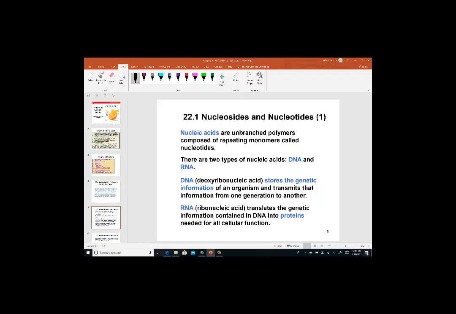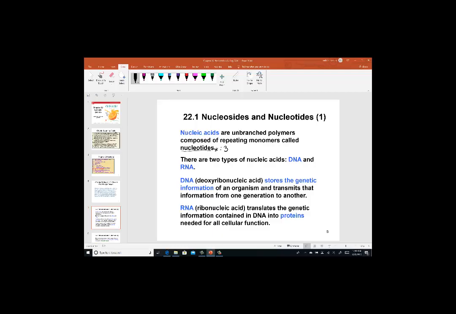Let's begin. We know that nucleic acids are unbranched polymers composed of repeating monomers called nucleotides. There are 2 types of nucleotides. We're looking at DNA and RNA as examples of our nucleic acids. So nucleic acids are large repeating monomers of nucleotides.